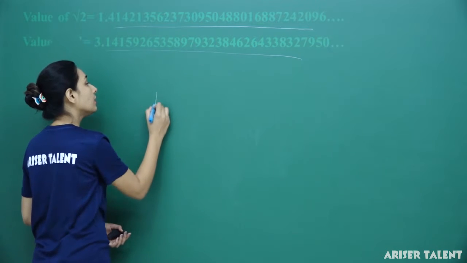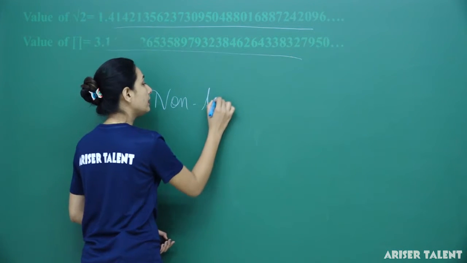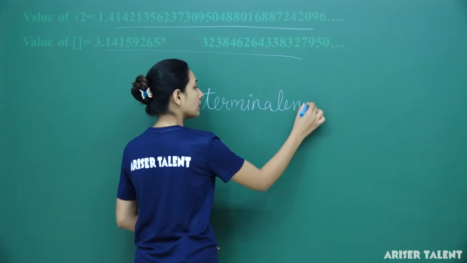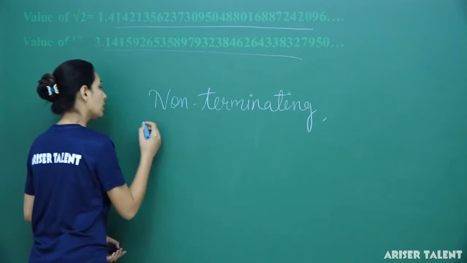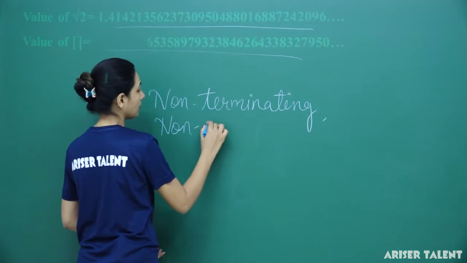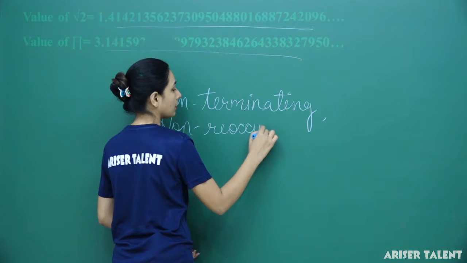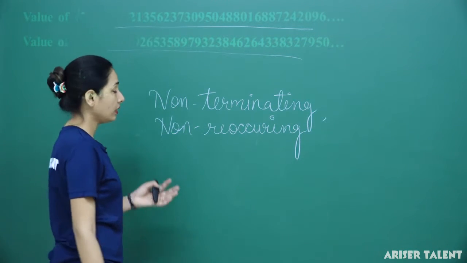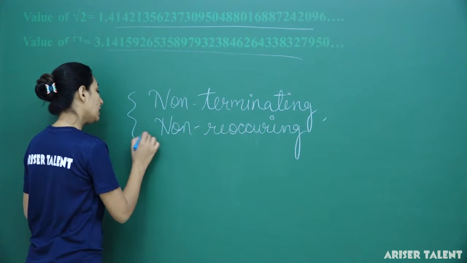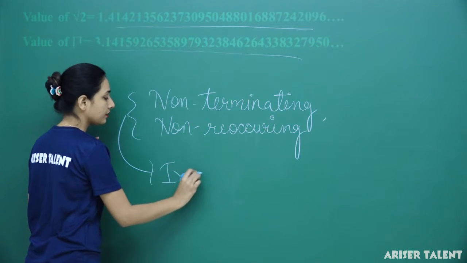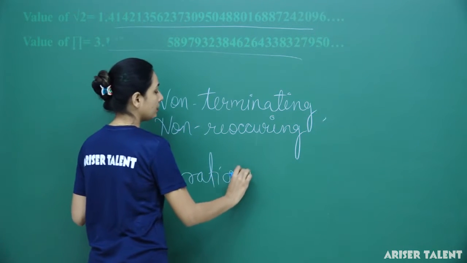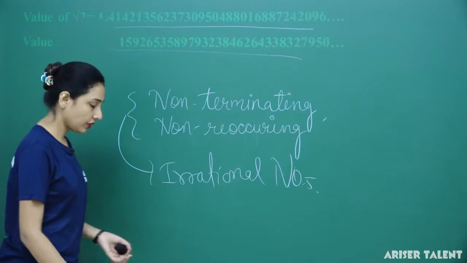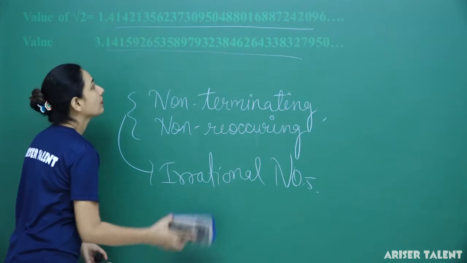So these are non-terminating plus non-recurring decimal numbers, and these will be termed as irrational numbers. So these kind of numbers are basically irrational numbers. Okay, noted, right.